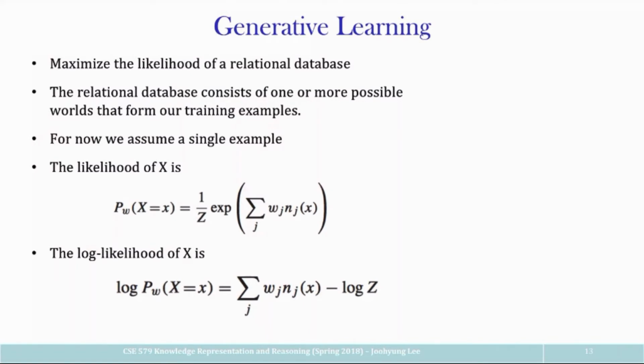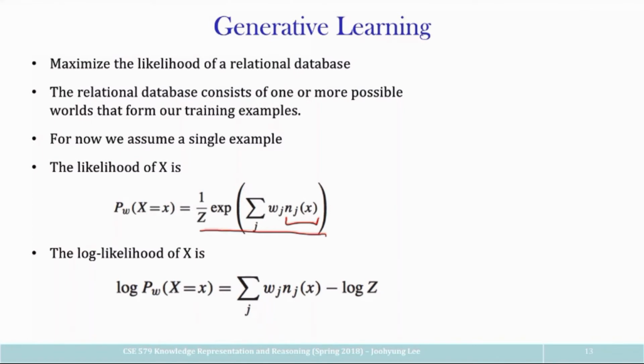And the likelihood of the random variable x is given by this formula. Okay, nothing special. The only difference from the previous one is the feature is fixed to be the number of formulas that are true under the interpretation X. Okay, that's the only difference between the general setting that we just saw and the Markov logic setting.